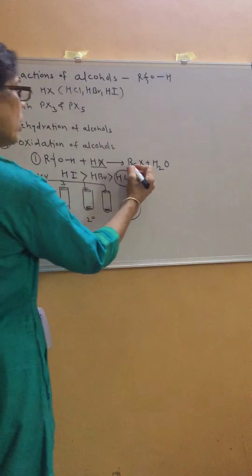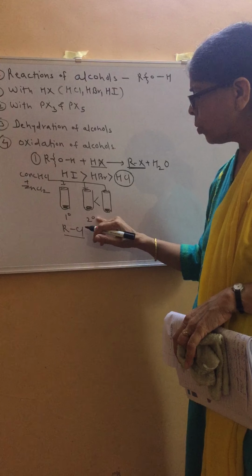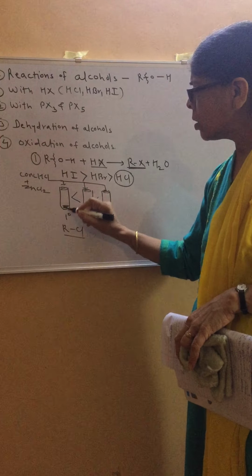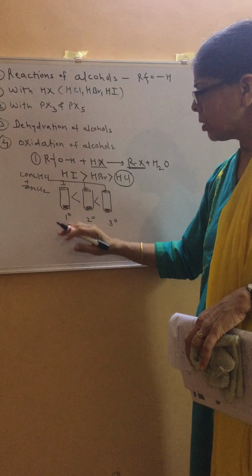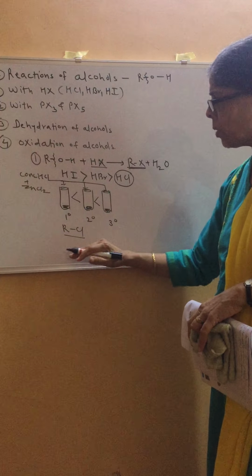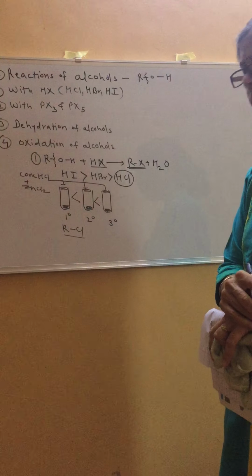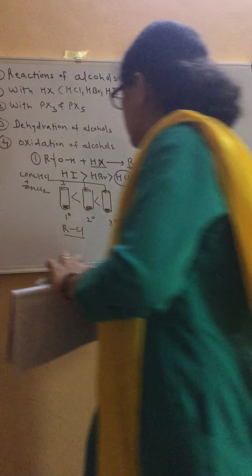Secondary alcohols will take a little time to become turbid, while primary alcohols become turbid only after heating. All these things we have seen in the previous video. Turbid means muddy. So this is about the reaction with hydrogen halide.